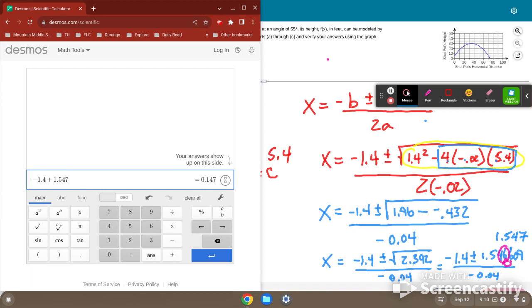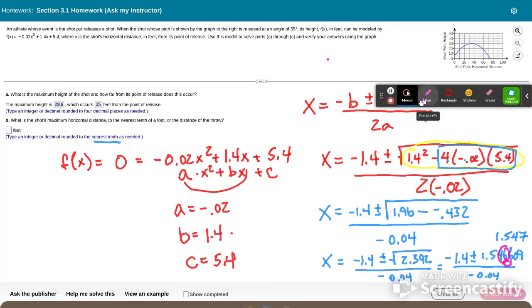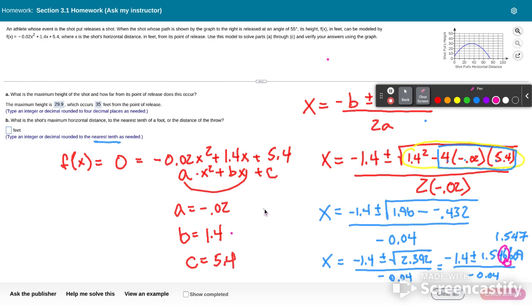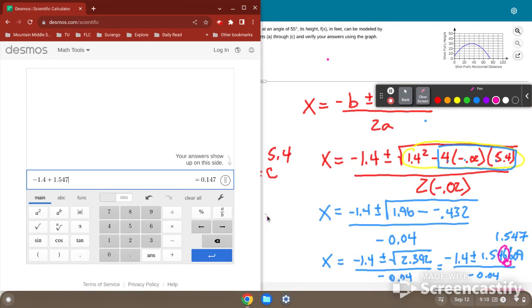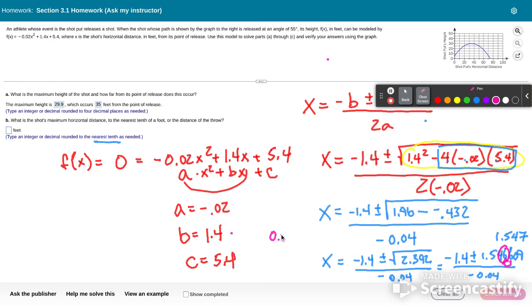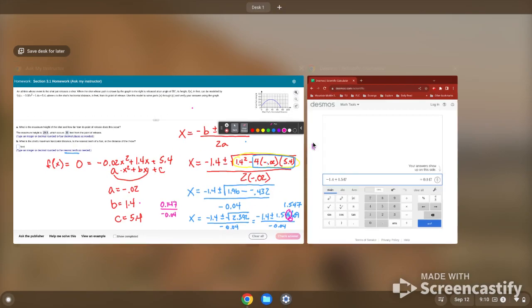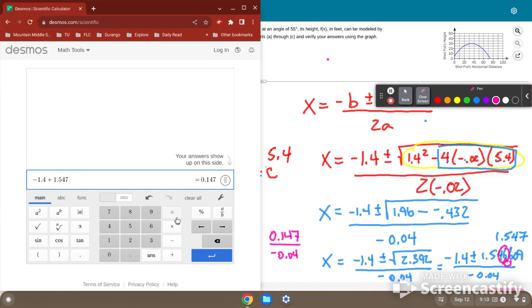All right, and that gives me that guy right there. I'm going to write that real quick. So for my numerator, oops, I didn't see what I got there. I got 0.147. So 0.147 divided by negative 0.04. Then I'll just hit divided by, so that'll pull up the previous answer.